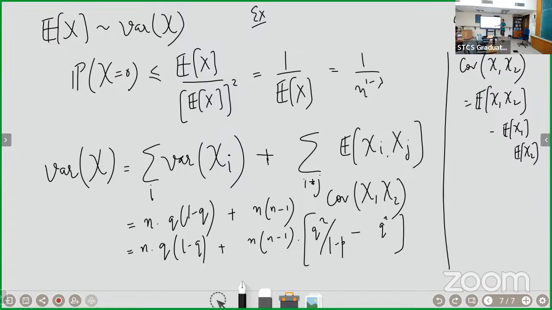Where is this quantity going? You want to show that as n goes to infinity, when lambda is less than 1, the expected value is nothing but n to the power of 1.